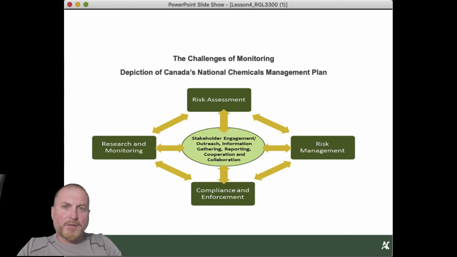That the pesticides are causing more harm to birds or to pollinators than we thought was going to be the case. That we're getting fish die-offs or whatever the case may be. Research and monitoring can inform us how well our risk management, compliance, promotion, and enforcement activities are in fact working, and then that can feed back into risk assessment when that product comes up for review later on.